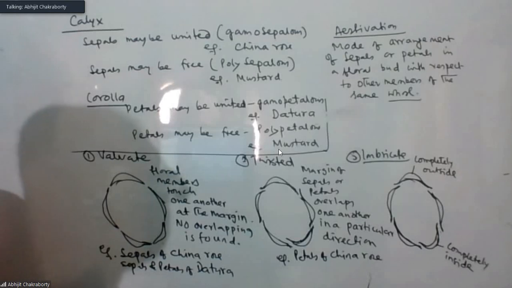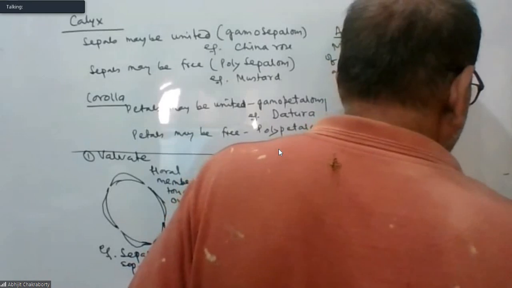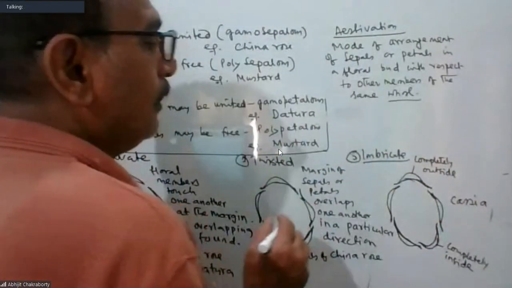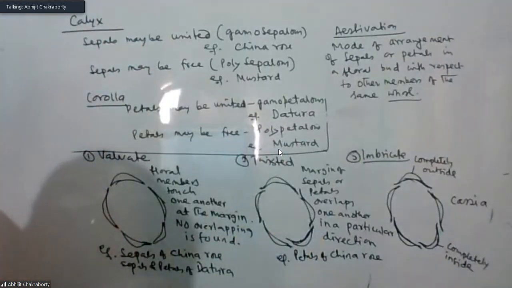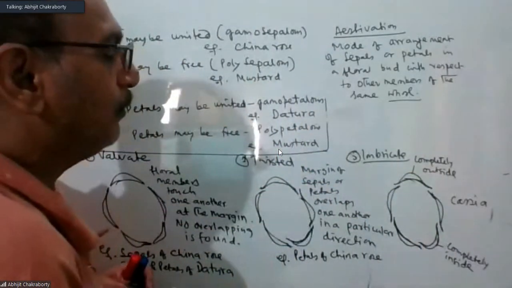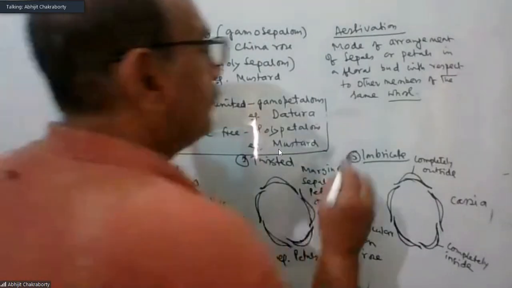This is called imbricate, found in Cassia, Gulmohar, etc. So what happened here? Overlapping. Margins of sepals or petals overlap one another but not in a particular direction.